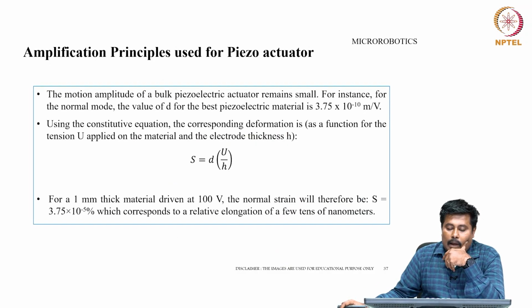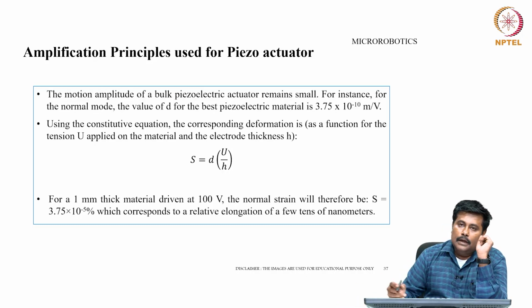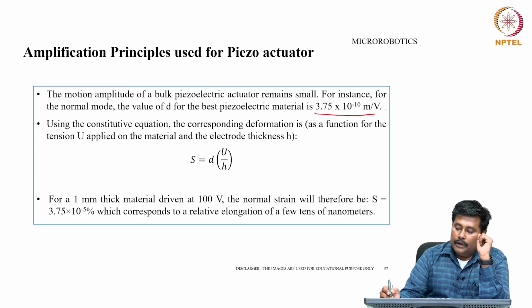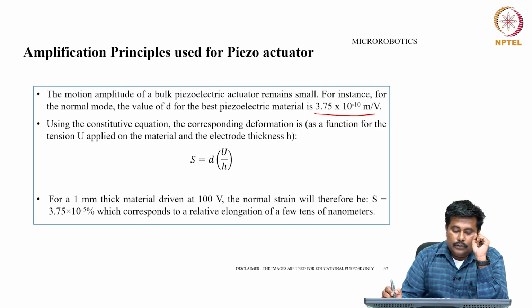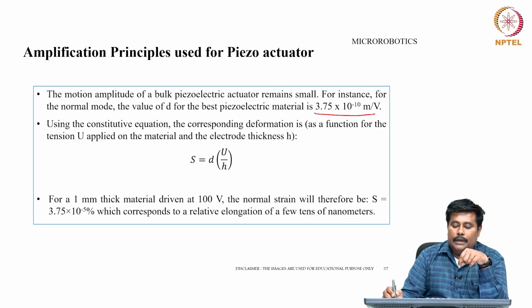The motion amplitude of a bulk piezoelectric actuator remains small. For instance, for the normal mode, the value of d for the best piezoelectric material is in the range of 3.75 into 10 power minus 10 meter per volt. Using the constitutive equation, the corresponding deformation is a function of the tension U applied on the material and the electrode thickness h.